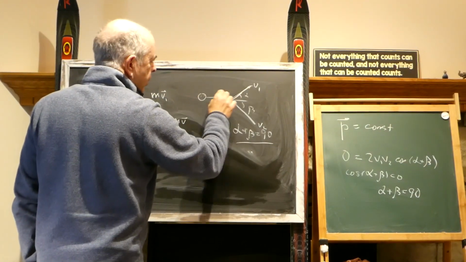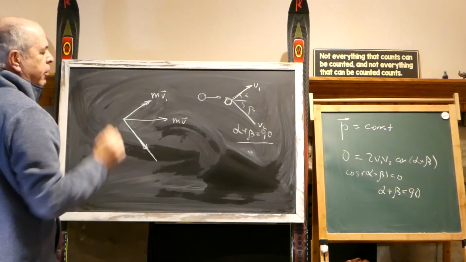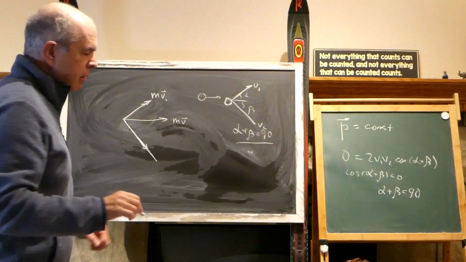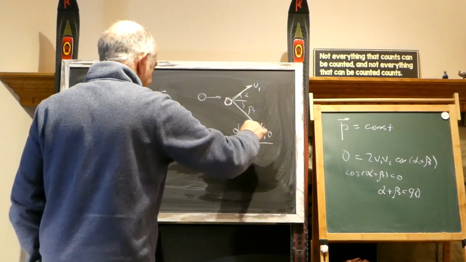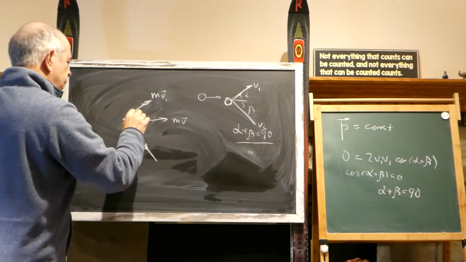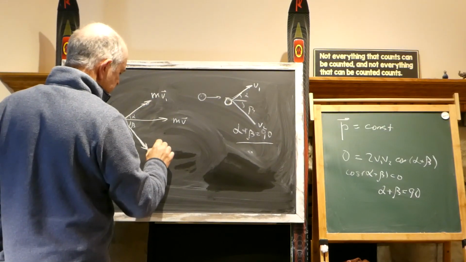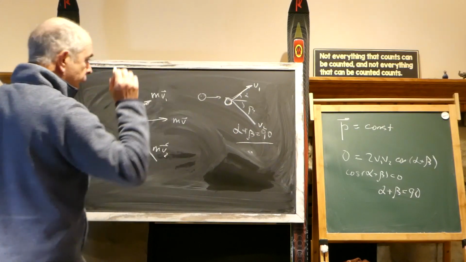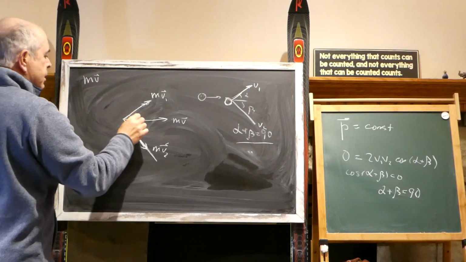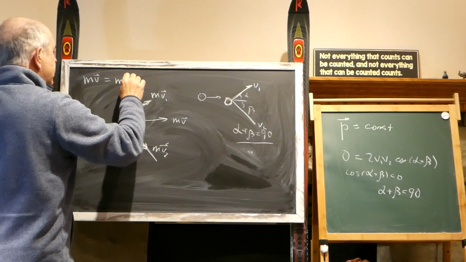This ball will be deflected and it will be flying here and it will have momentum mv1 vector. And this ball that was at rest will start moving here and it will have this momentum in this direction. So this would be alpha and this would be beta, and this would be one vector and this would be another vector. And because this is constant, I can write in vector form that this vector equals the sum of two other vectors.